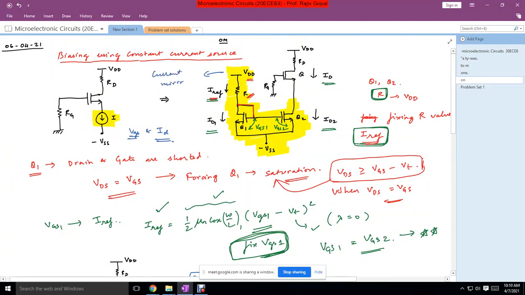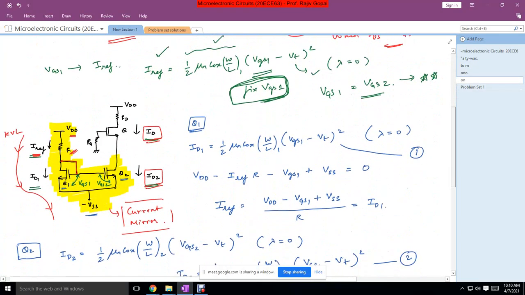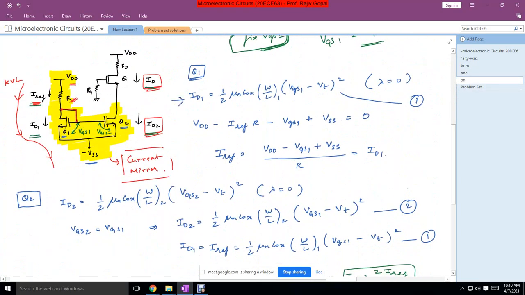We have also, based on the transistors involved here, Q1 and Q2, two equations: one equation which tells me the drain current of Q1, and the second equation, the drain current of Q2.